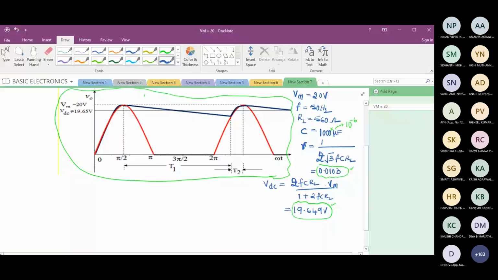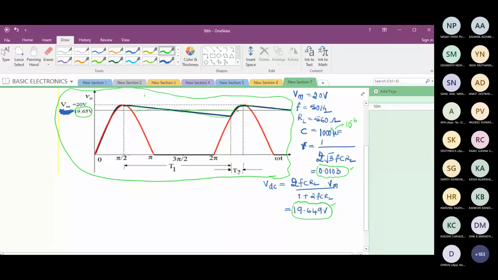Can you make out this 19.65 is the DC value of this waveform? Just see, the variation is ripple factor. See, the ripple is something like this. It goes down, discharging, again charges, again discharges. So if I take the average value of this, will it be in between this ripple?